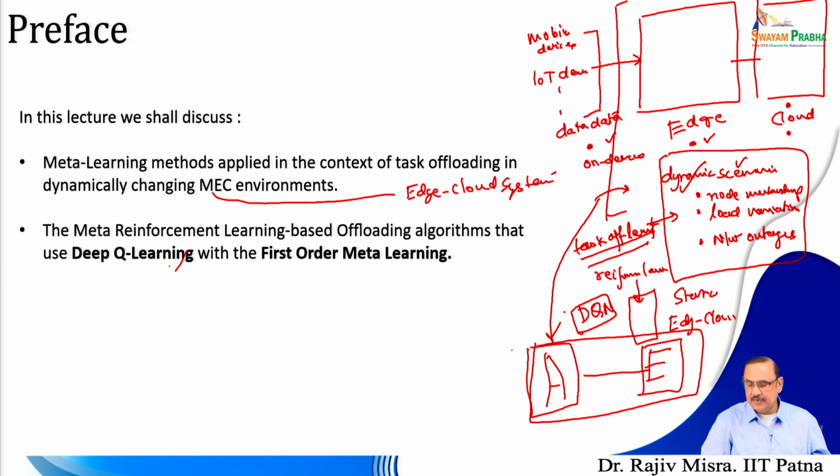So, we are going to see what is the method of capturing this dynamic situation, and therefore, we require the concept of meta learning to be involved here in the task offloading system. So, meta learning is to learn about what are the things we have learned.